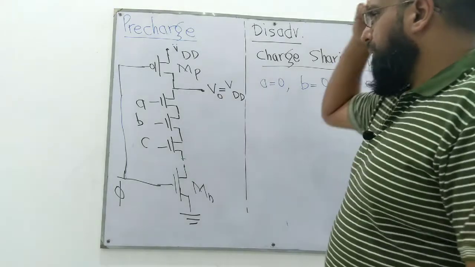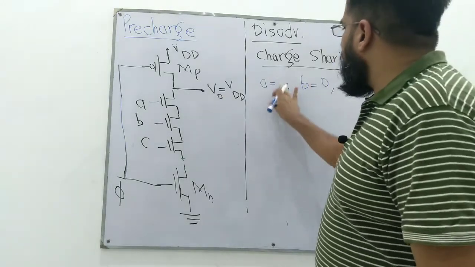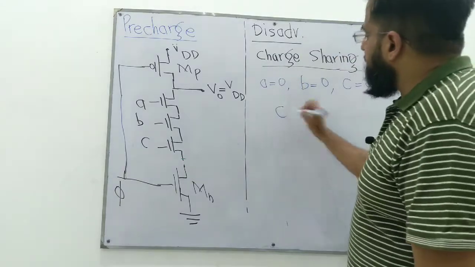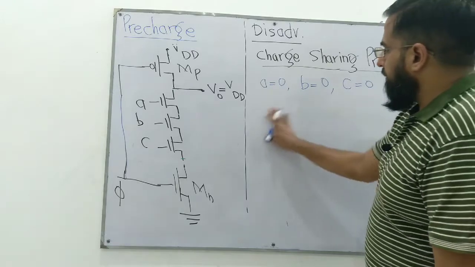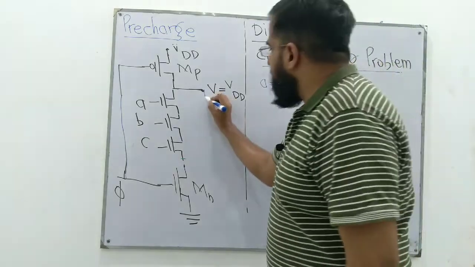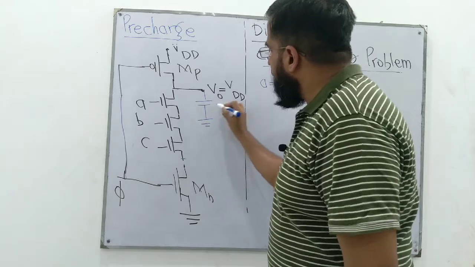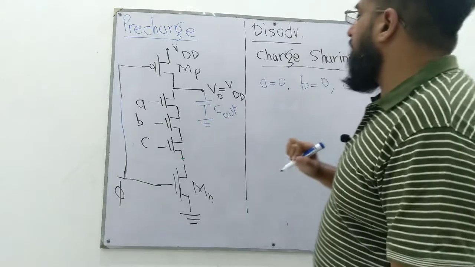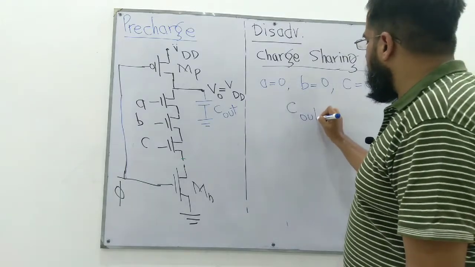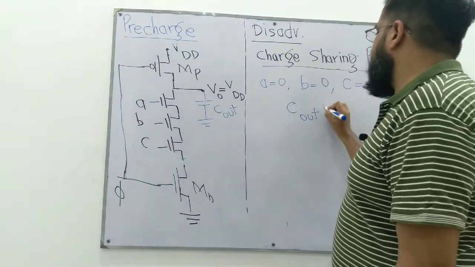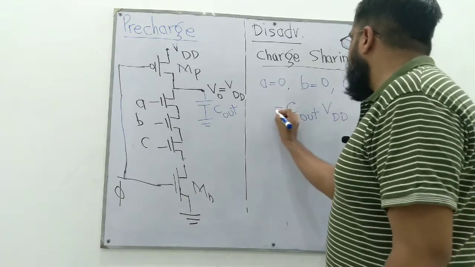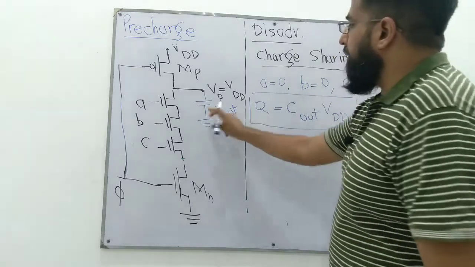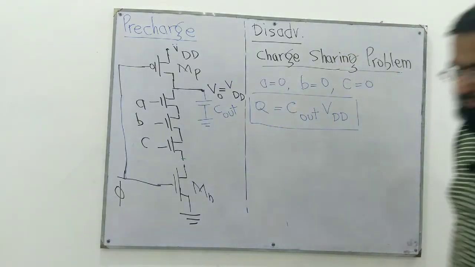is VDD. But if any two of the inputs are equal to 1, the output would be the charge accumulated at the output capacitance Cout times VDD. The charge accumulated on this capacitance would be Cout times VDD.